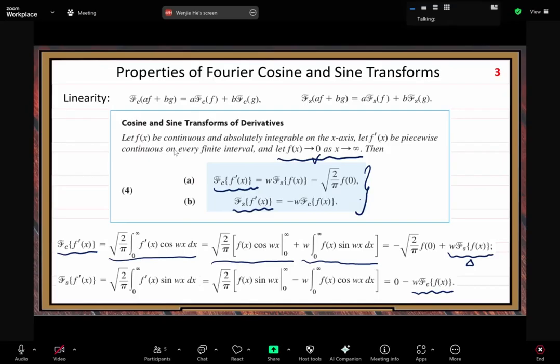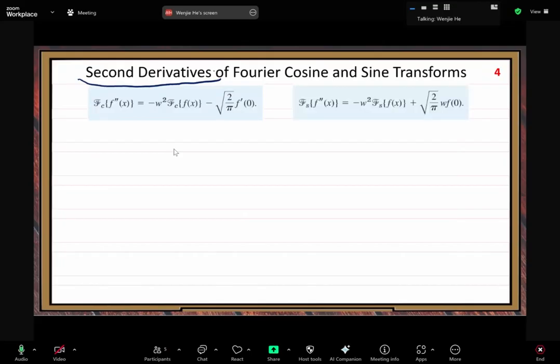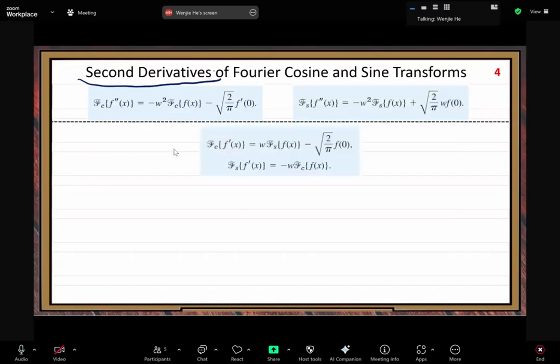Then, just like the Laplace transform, we can calculate the second derivatives, because we take derivatives twice. So we apply that derivative formula twice. So that's the formula for the twice. Here we can prove it easily. We use the first derivative formula.